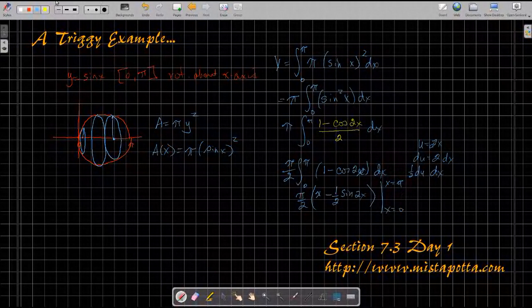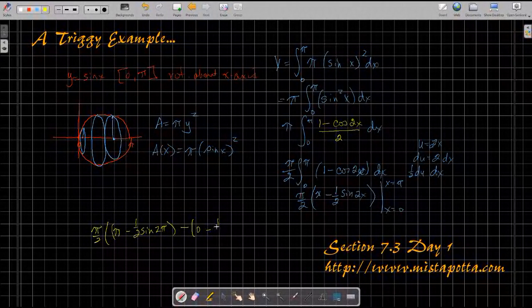So when I go through my substitution, I'm going to have pi over 2 times x, pi minus 1/2 sine 2 pi, minus what happens when I substitute at 0.